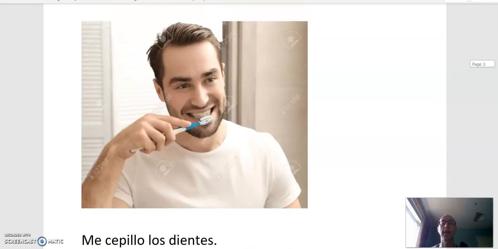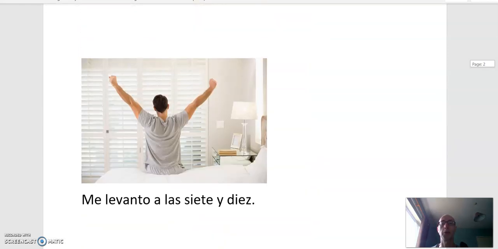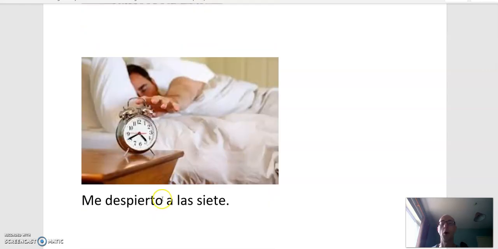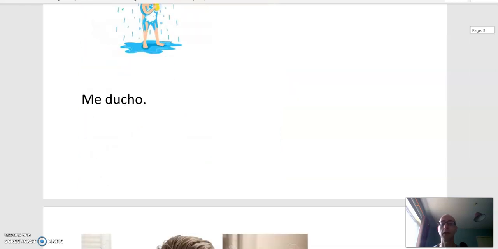Again, we're using the present tense first person all the time here. And the first person, of course, we know has an O at the end. So they're the reflexive verbs connected to the daily routine. We'll practice that a little bit more in a second.